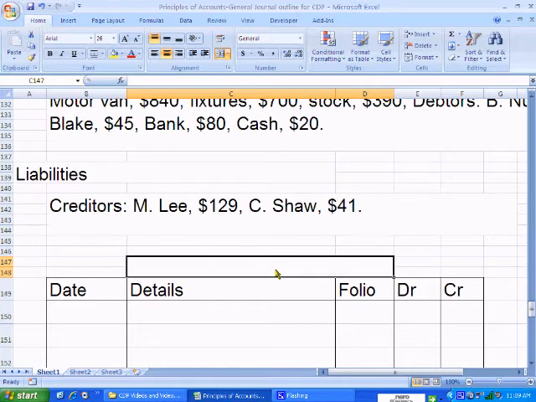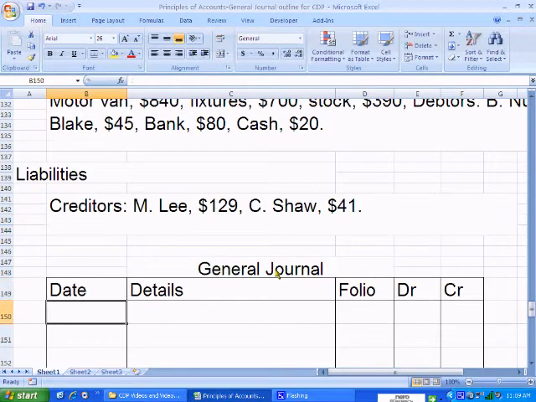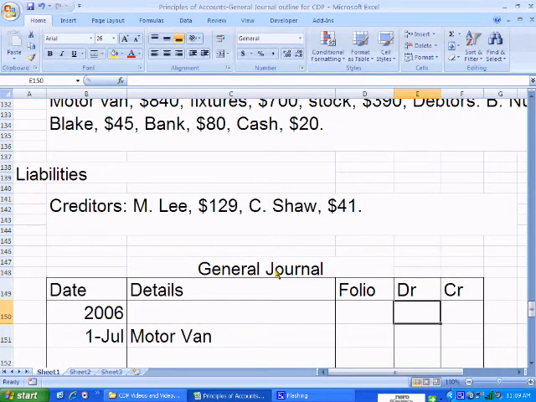Then our date, 2006, July 1. Motor van is an asset. Put it on the debit side, like so. It will be 840. Then same July 1, fixtures. Then write 700 right there.